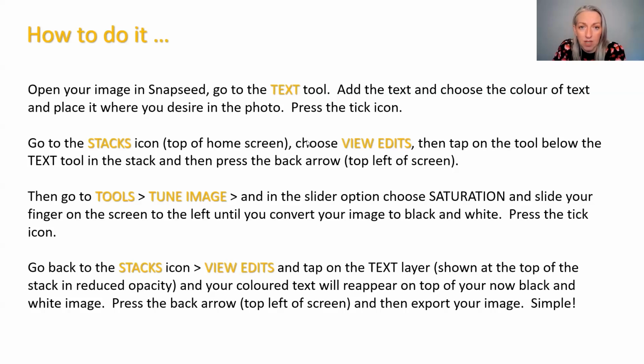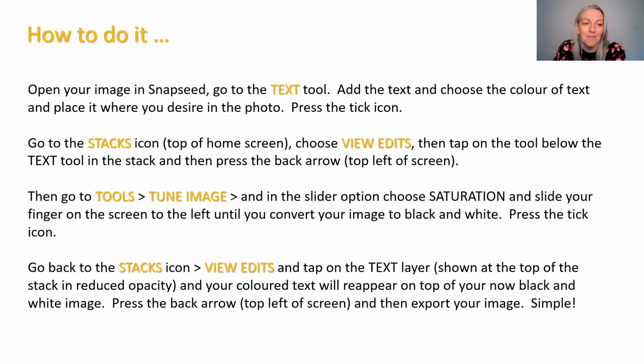So tap on that, press view edits, and then on the tool below the text tool in that stack that comes up, press the back arrow, which is at the top of the screen. Then go to tools, tune image, and in the slider option, choose saturation and slide your finger on the screen to the left until you convert your image to black and white.